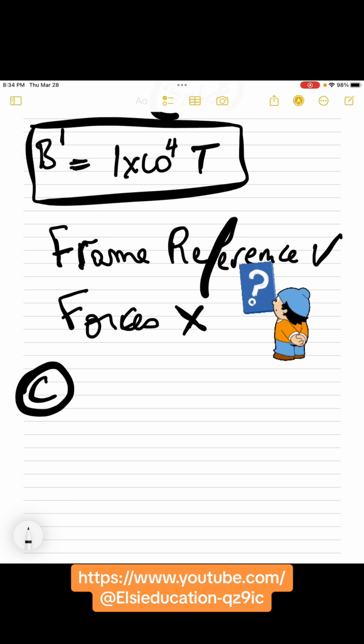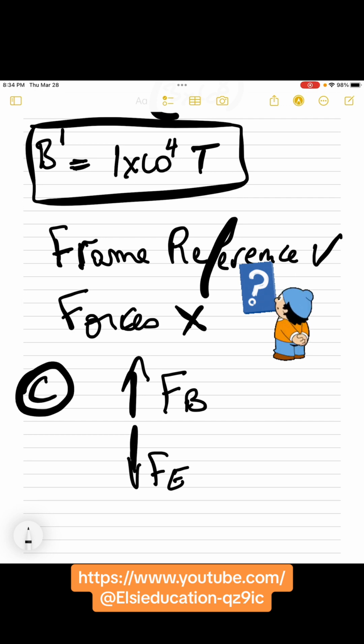if the experimenter sees no forces acting on the proton, that means the force of the magnetic field is up and the force of the electric field is down. And if he doesn't see any deflection of the proton, that means both forces are equal.